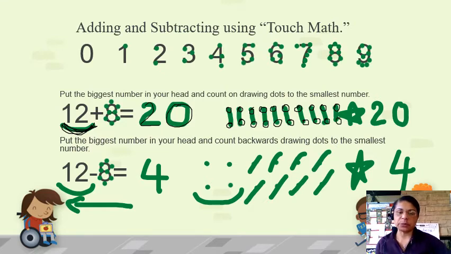So I first put 12, then I put 8. And what I did, I just went ahead and I connected the numbers to make sure that I had 20.